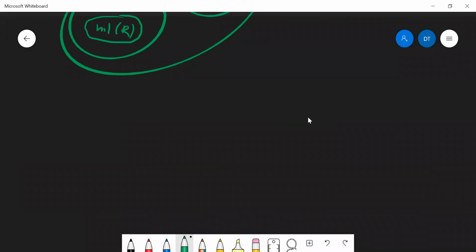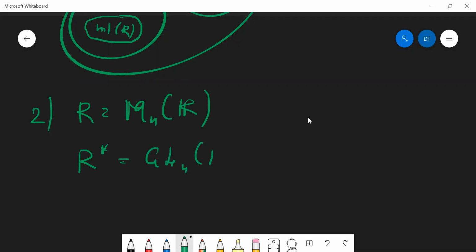I don't want to specify all other examples. I just want to briefly mention that if you take R to be the ring of square matrices, then the invertible matrices consist of all non-degenerate matrices, and the zero divisors are all the other matrices, just matrices with determinant equal to 0.